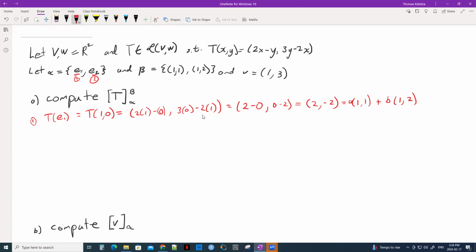Because this is going to give us that (2, -2) is equal to (A plus B, A plus 2B).